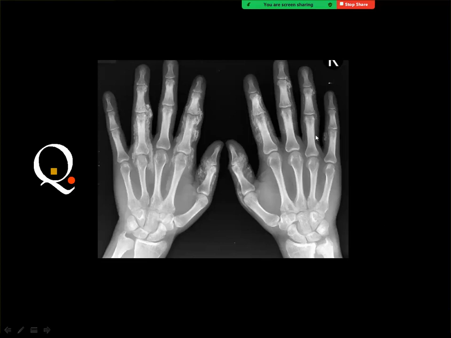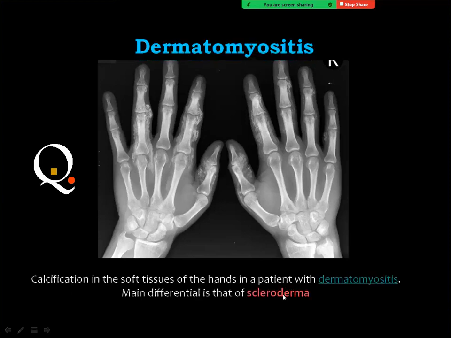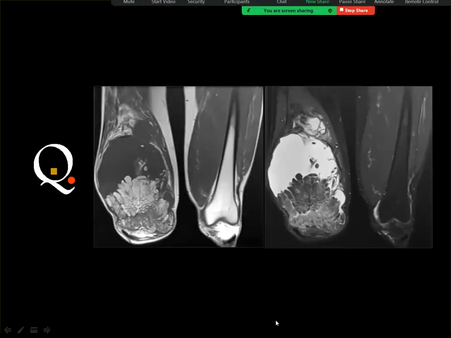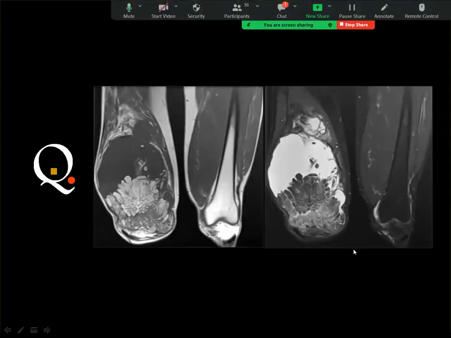But this is not scleroderma because one of the essential findings of scleroderma is resorption of the terminal phalanges and contraction deformities of the joints. This is dermatomyositis. Next case is an MRI of the knee joints, and there is a problem on the right one.